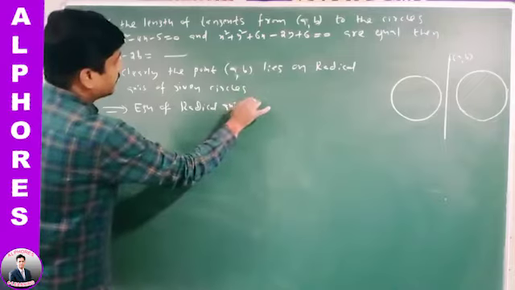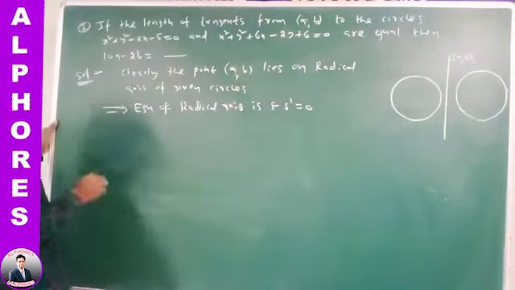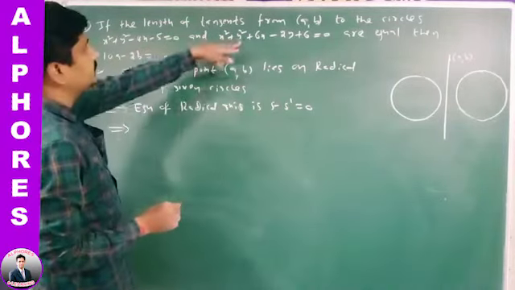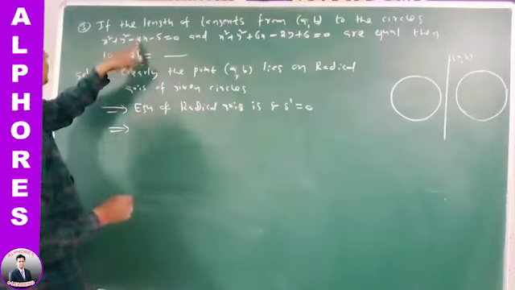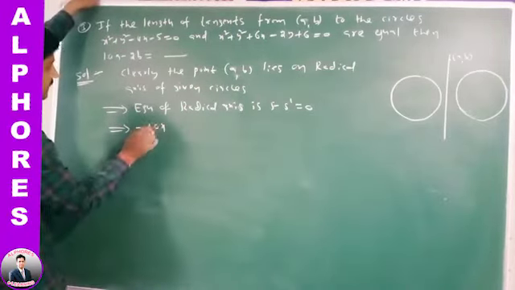The equation of the radical axis is S minus S dash equal to 0. Here, minus 4x minus 6x gives minus 10x.